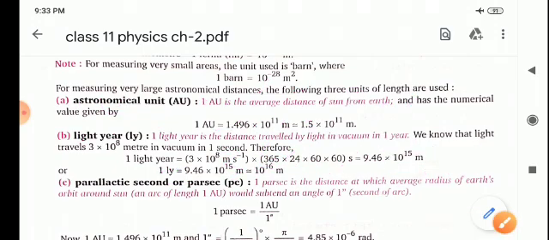This converts into 9.46 into 10 power 15 meter. So 1 light year equals 9.46 into 10 power 15 meter.